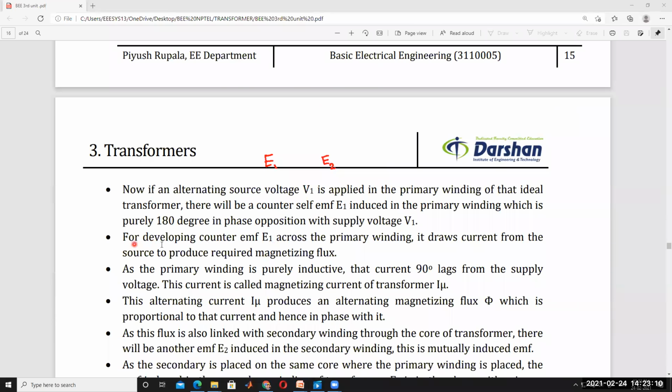So here the counter EMF E1 develops across the primary winding. There will be a counter self EMF E1 induced in the primary winding, which is purely 180 degrees in phase opposition with the supply voltage, that means exactly opposite to the supply voltage V1.